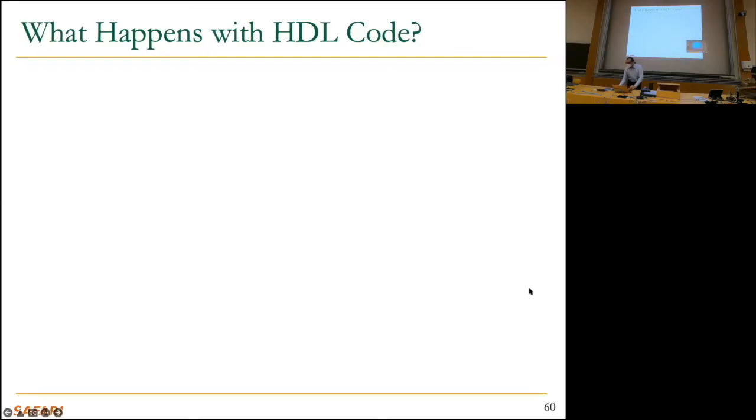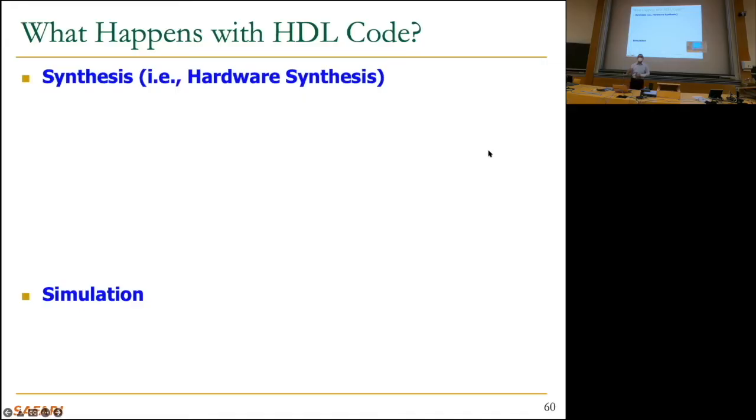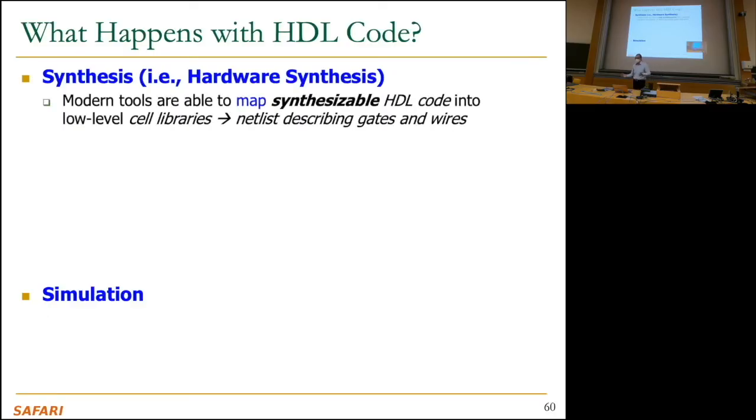Okay, so what happens with HDL code? We kind of talked about this, but let's talk about it a little bit deeper. There are two important things that happen with hardware description language code. One is hardware synthesis, or synthesis for short. Modern tools are able to map synthesizable hardware description language code into low-level cell libraries.